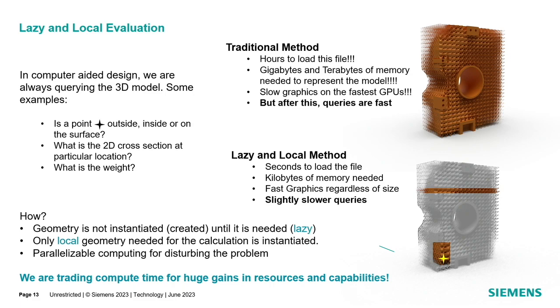Traditional methods, again, we talked about it, could take hours. There's one part here that we have, from one of the DARPA challenges, and it's kind of an optimized lattice. You can see the fields running through it a little bit. I created that, and then I wrote some code to bring it into our CAD system to load it, and it takes hours. It's just so huge. You can easily imagine gigabytes and terabytes of memory for really big parts, especially as these lattices get really small or if you get really big structures.